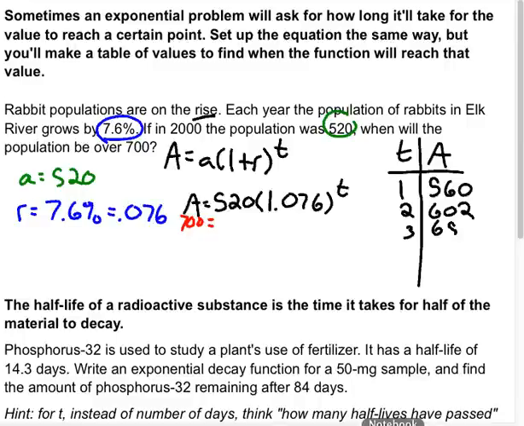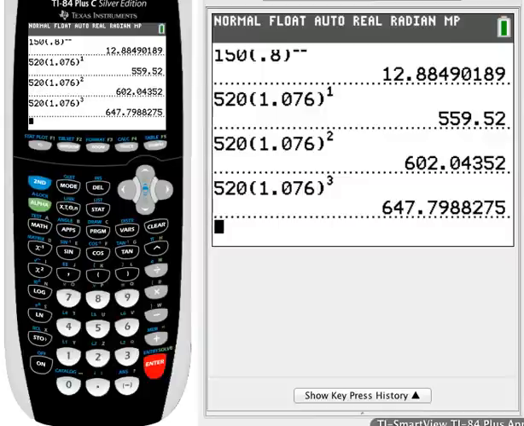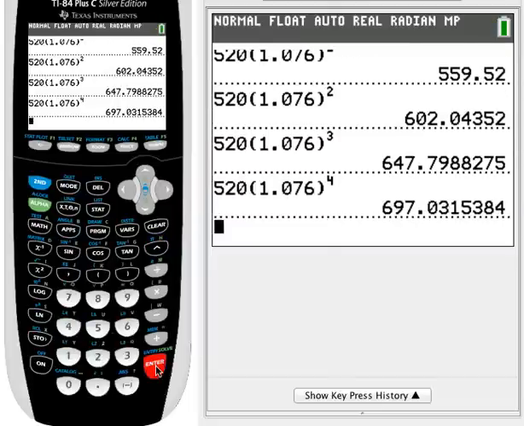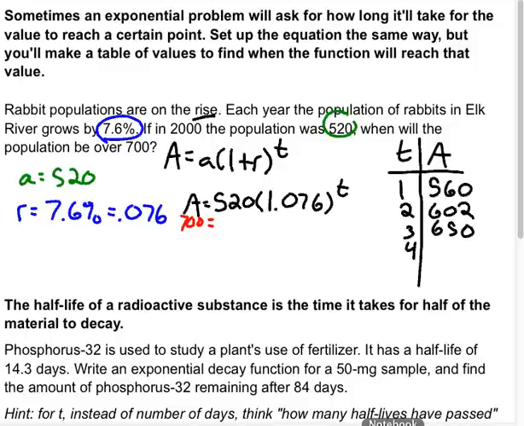650. We're getting closer. After 4 years, let's see how many there are. 697. So my bet is going to be 5 years.